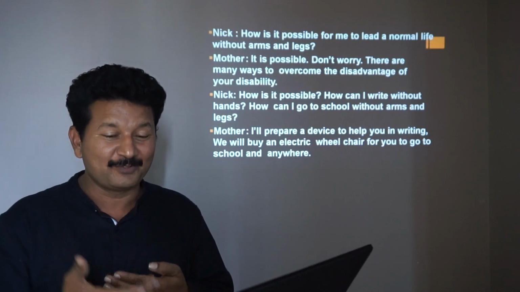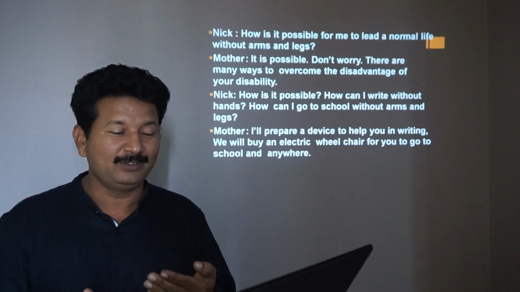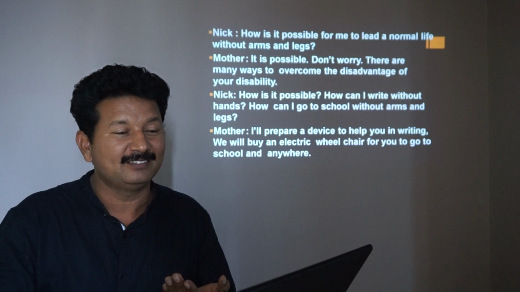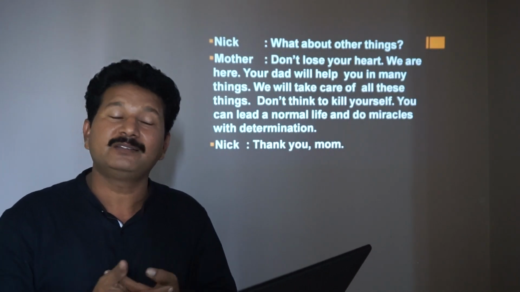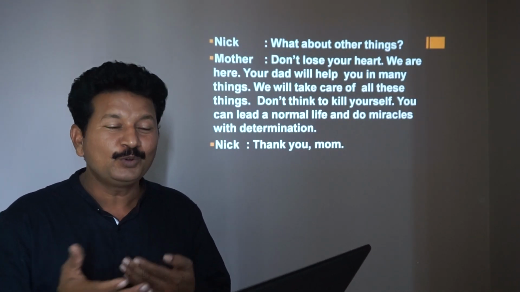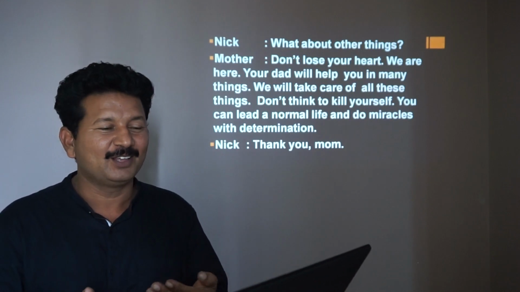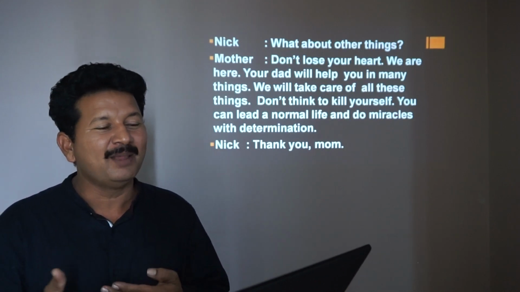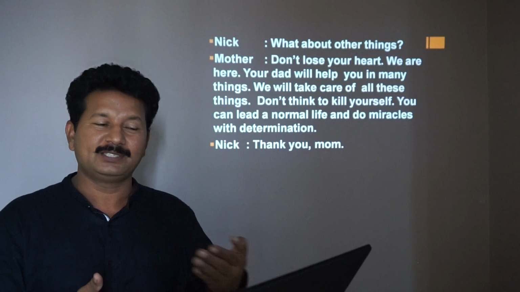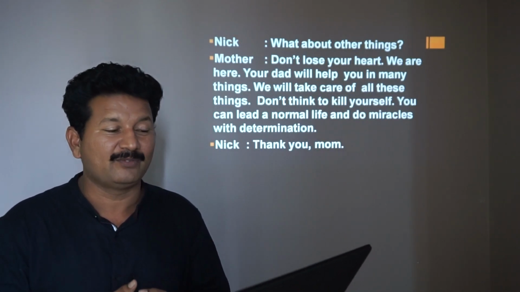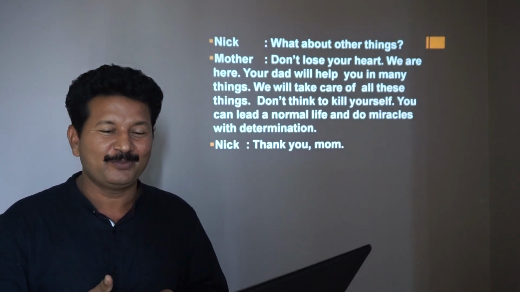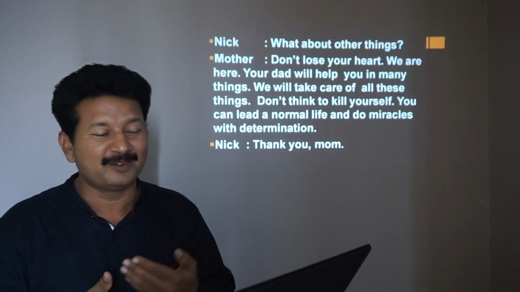We'll buy an electric wheelchair for you to go to school and you can go anywhere. What about other things? Hey, don't lose your heart. We are here. Your dad will help you in many things. We'll take care of all these things. Don't think to kill yourself. You can lead a normal life and do miracles with determination.